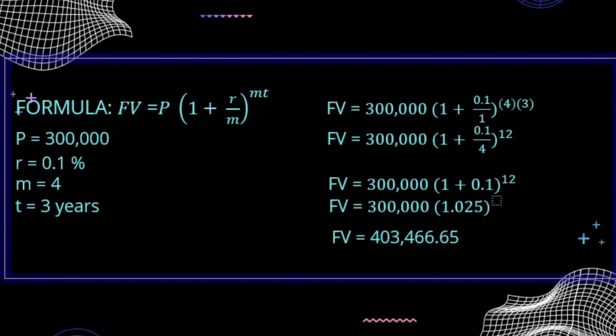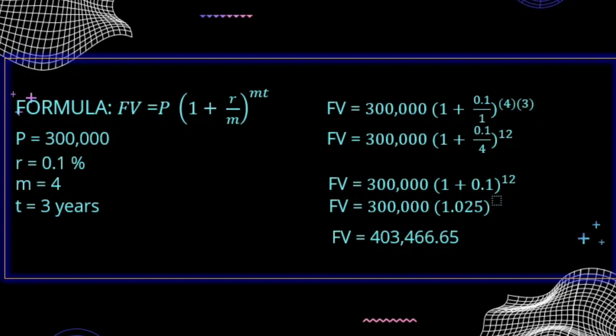So the formula we're going to use is the same. And once you do the math, first thing is to multiply 4 and 3. So it's going to be 12.